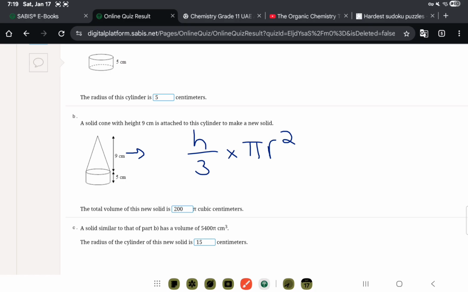By the way, r is the exact same as this radius, because they're on top of each other, and see, they perfectly fit. So really squared. Let me check, 9 over 3 pi r squared. Okay, so you get 75 pi.